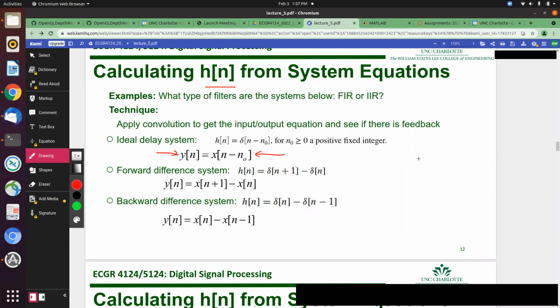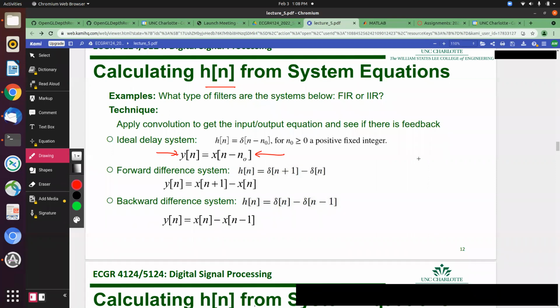Let's remember the definition of the impulse response. What is the definition of the impulse response? It is the output of a system when the input is the delta function, right? So we know that x is the input in our equations and y is the output. So if we want to write down the value of h, what do we allow x to be?